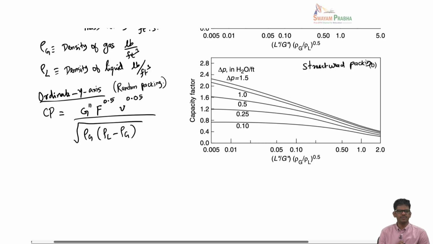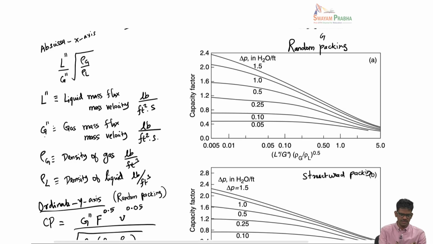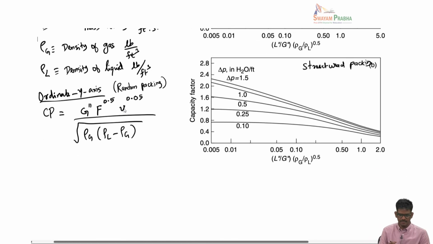So G double prime is gas mass flux, like we discussed here. Okay, this G double prime. This F here is called the packing parameter. F is the packing parameter, and this is given in the units of 1 over feet. Okay, this will be specific for a given packing material.